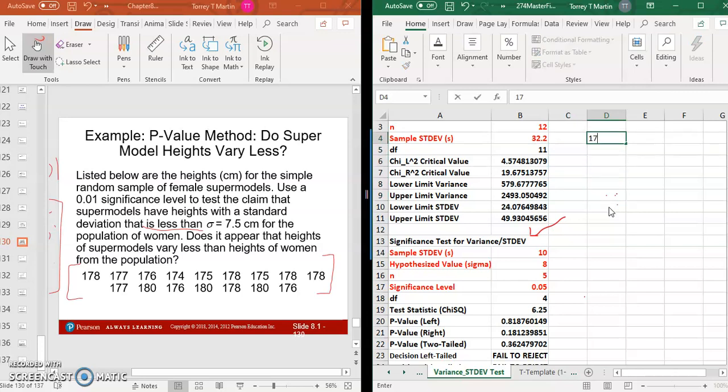Okay, so 178, 177, 176, 174, 175, 178, 175, 178, 178. Let's see, 180, 180, 178.